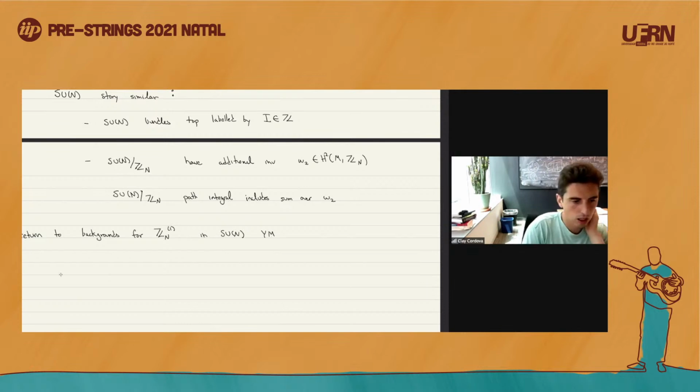So I'll write a formula for what Z of B is, the partition function for this theory as a function of B, which is in H2 of M with coefficients in Zn.